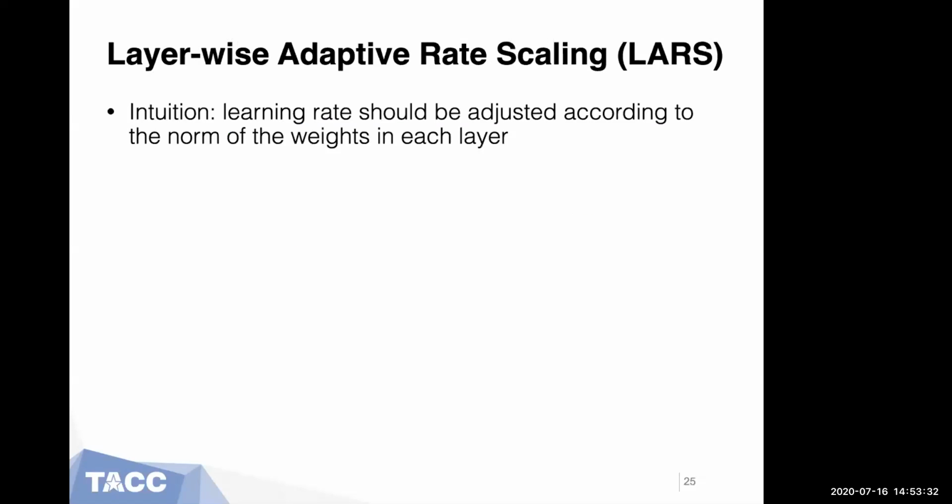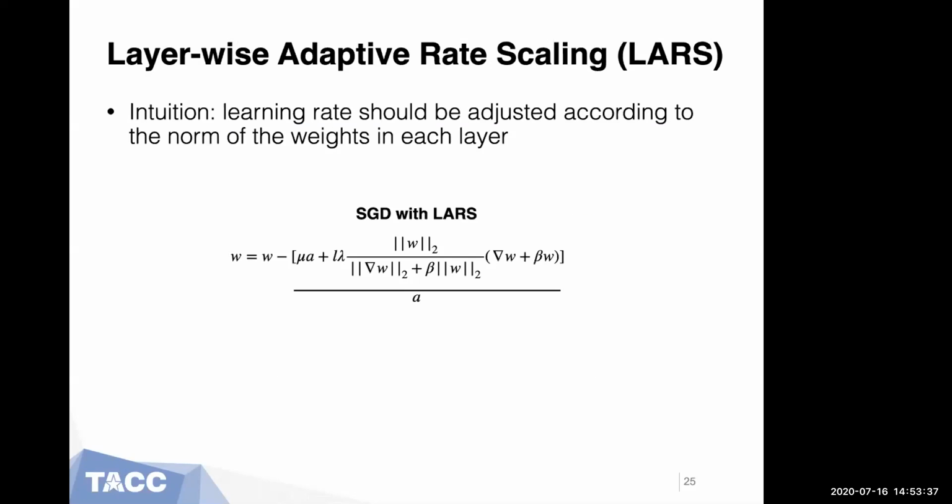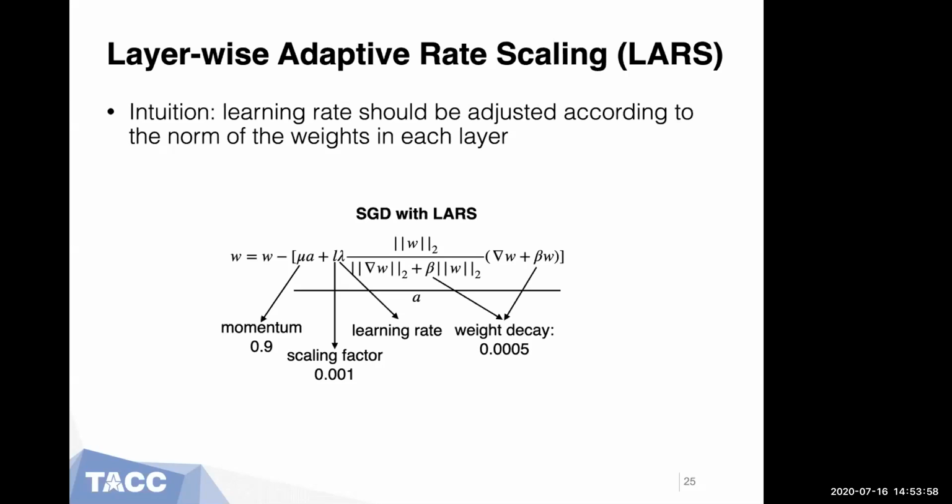And we also try LARS, layer-wise adaptive rate scaling. It's a little bit complicated. Here is generally the SGD rule. We use a momentum of 0.9 to learn from old values, and we scale the learning rate using a scaling factor. Lambda is still the learning rate, and the normalization part is how we calculate the scaling ratio of each layer.